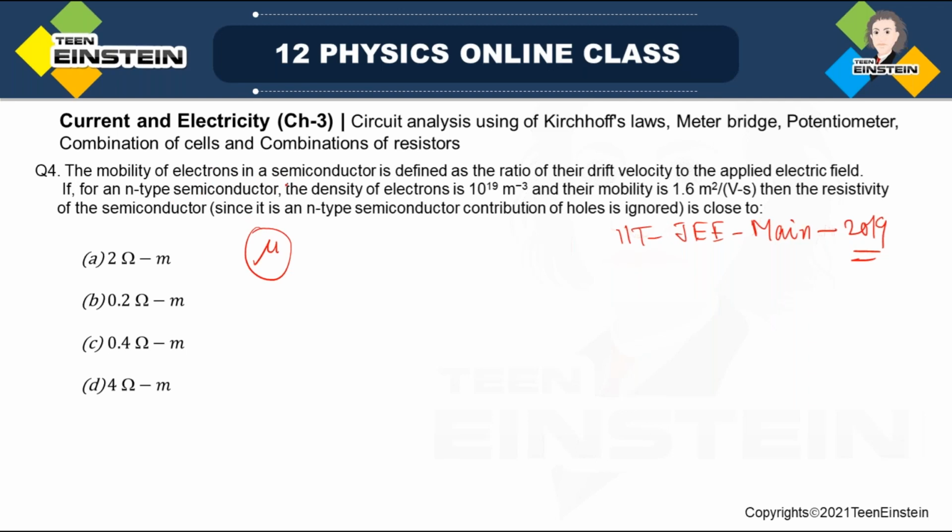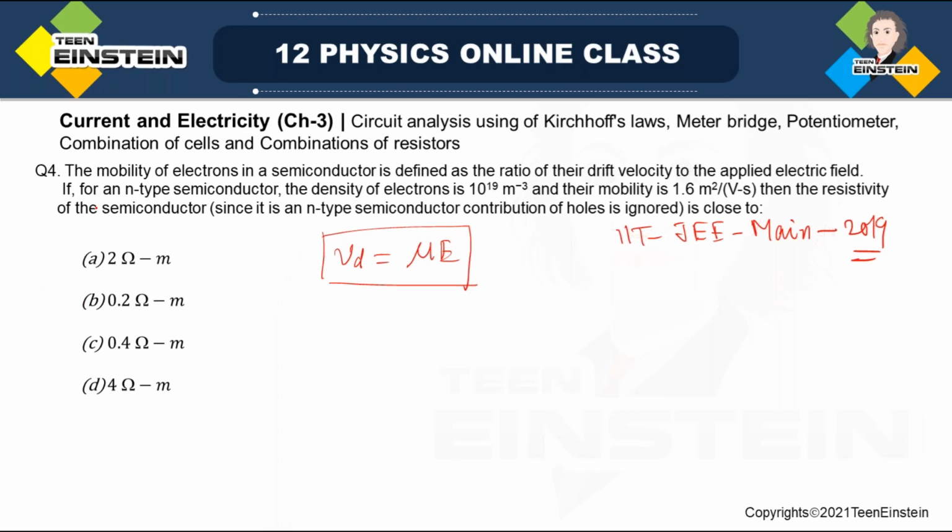Mobility of a semiconductor is defined as the ratio of the drift velocity to the applied electric field. We know drift velocity Vd is equal to mu into E, so that means mu is equal to drift velocity over the electric field. This is what we know. This is given in the problem.